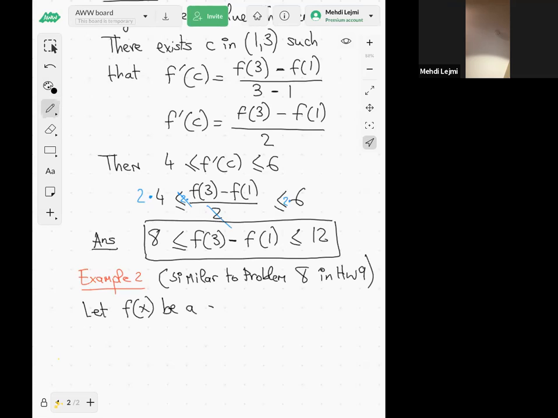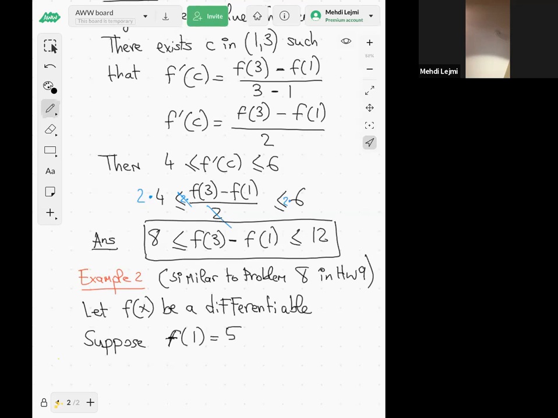So we have this differentiable, continuous function, so it satisfies the hypotheses of the mean value theorem. And suppose you know that f of 1 is 5.